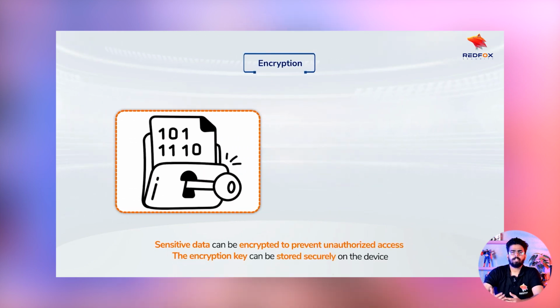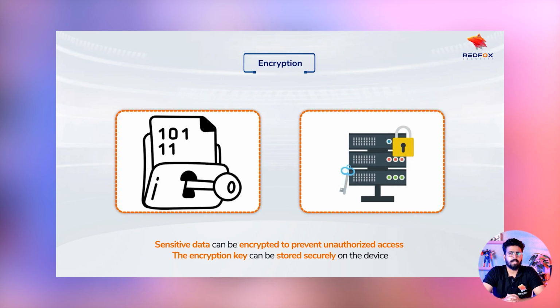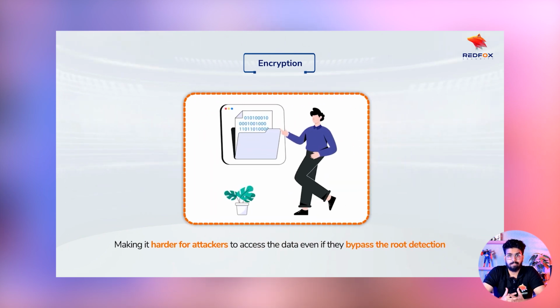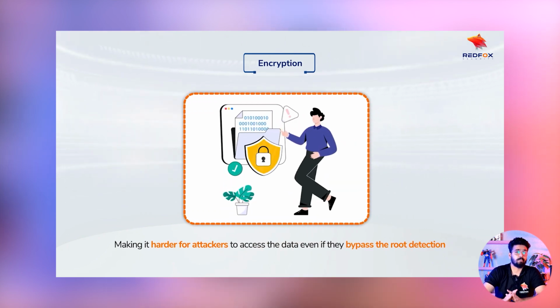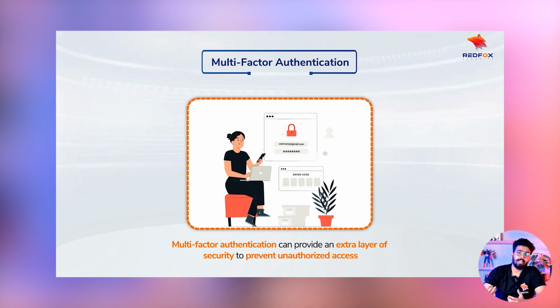Encryption. Sensitive data can be encrypted to prevent unauthorized access. The encryption key can be stored securely on the device, making it harder for attackers to access the data even if they bypass the root detection. Multi-factor authentication can provide an extra layer of security to prevent unauthorized access.